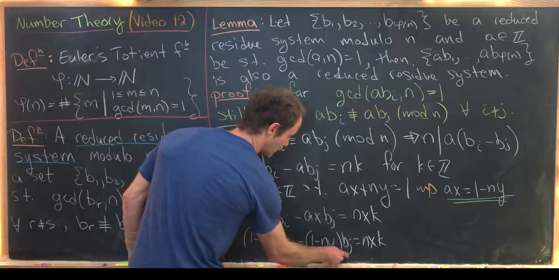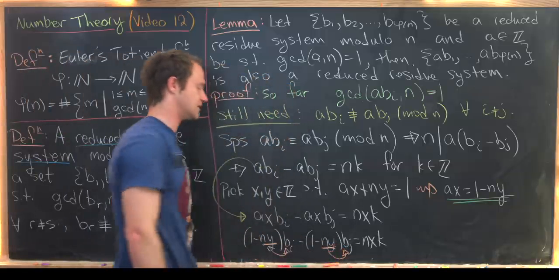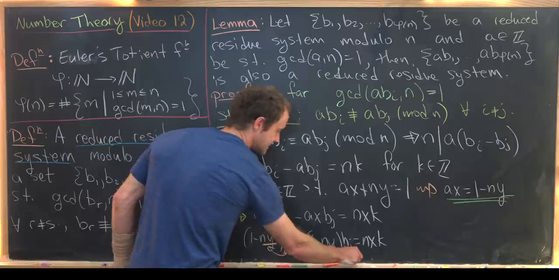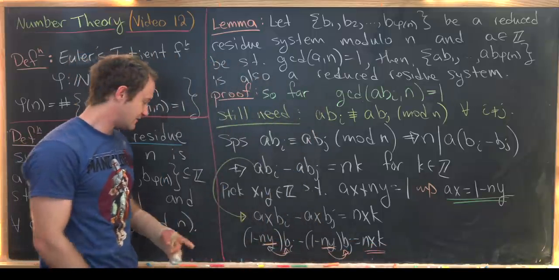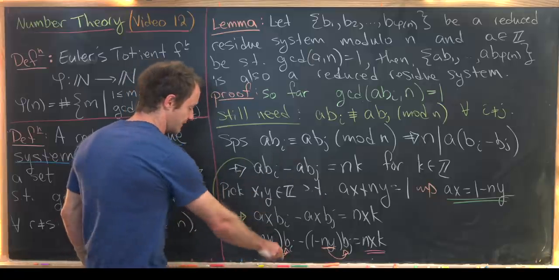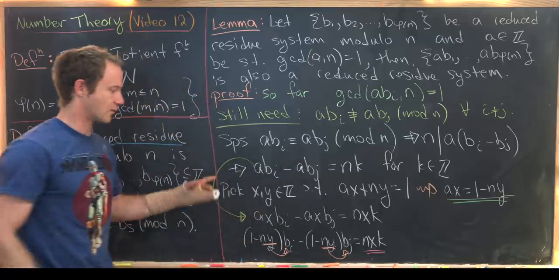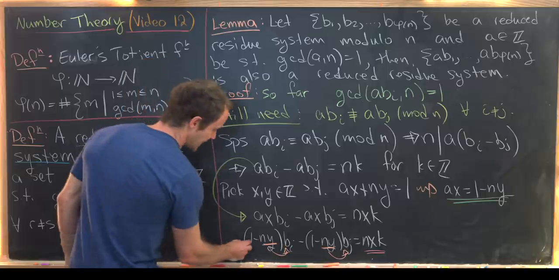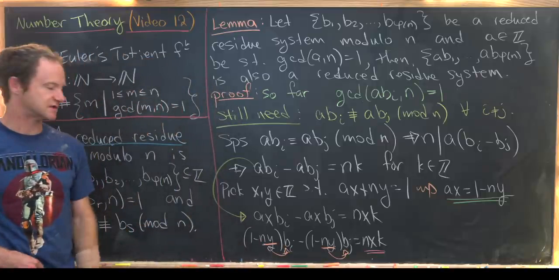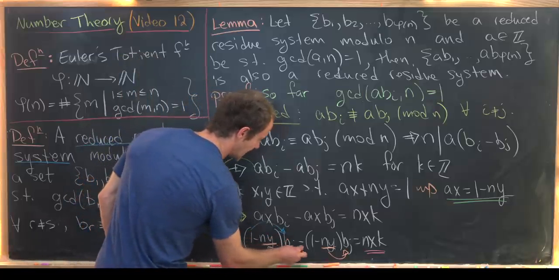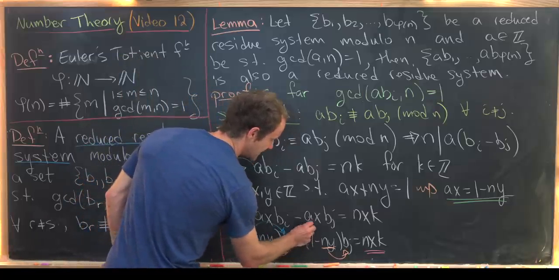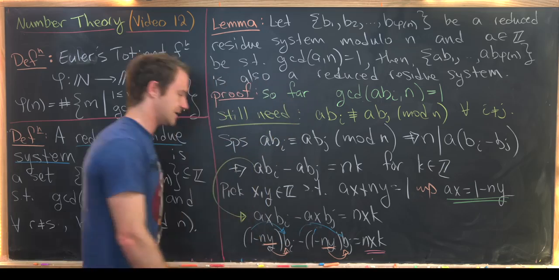This guy will distribute through and give us a multiple of n. And then this guy is already a multiple of n. So that means we can rearrange all of the multiples of n over on the right-hand side of the equation and take everything which is not a multiple of n on the left-hand side. And that'll be this 1 times bi and this minus 1 times bj.